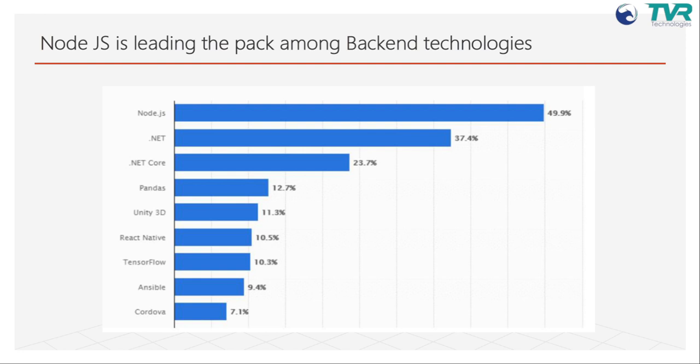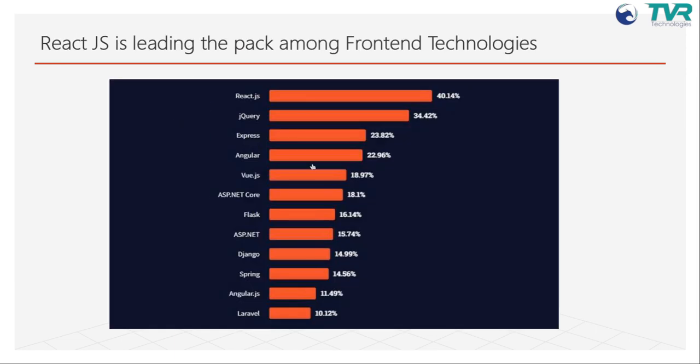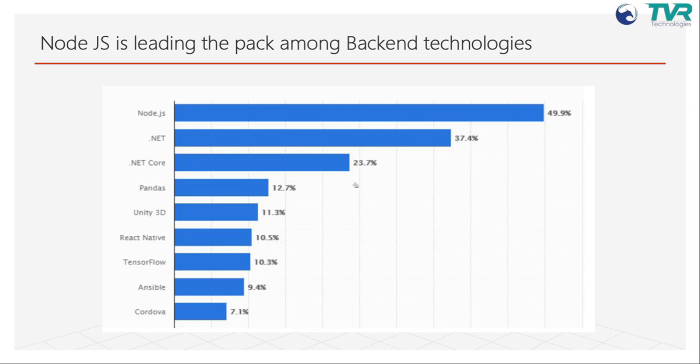Here you can see Node.js is a leading pack among backend technologies, taking almost 49%, and you can see how much percentage the remaining technologies take. So that is the reason we prefer the MERN stack.